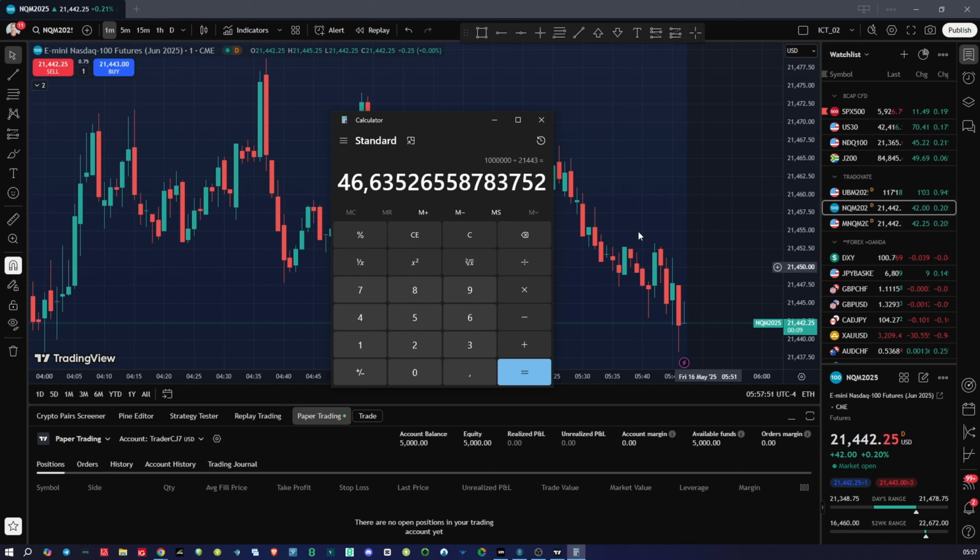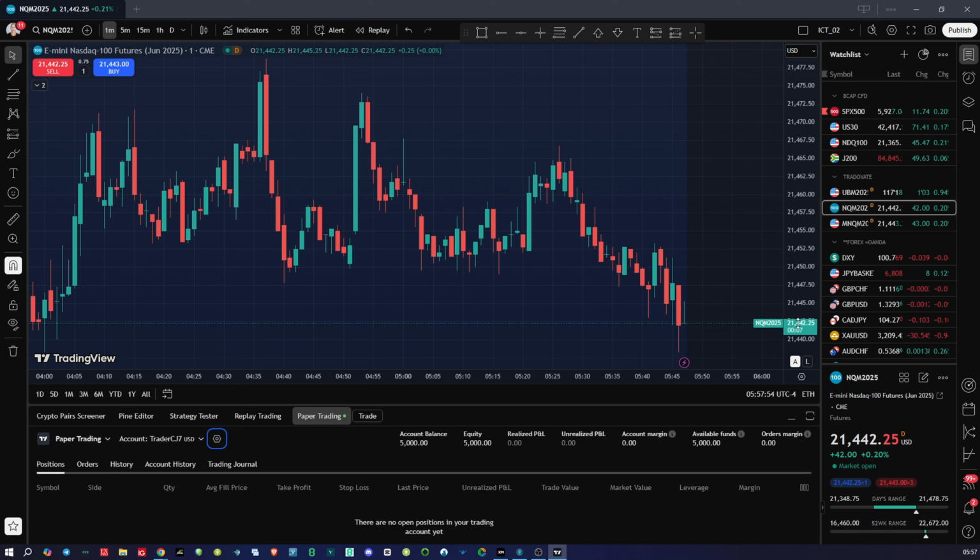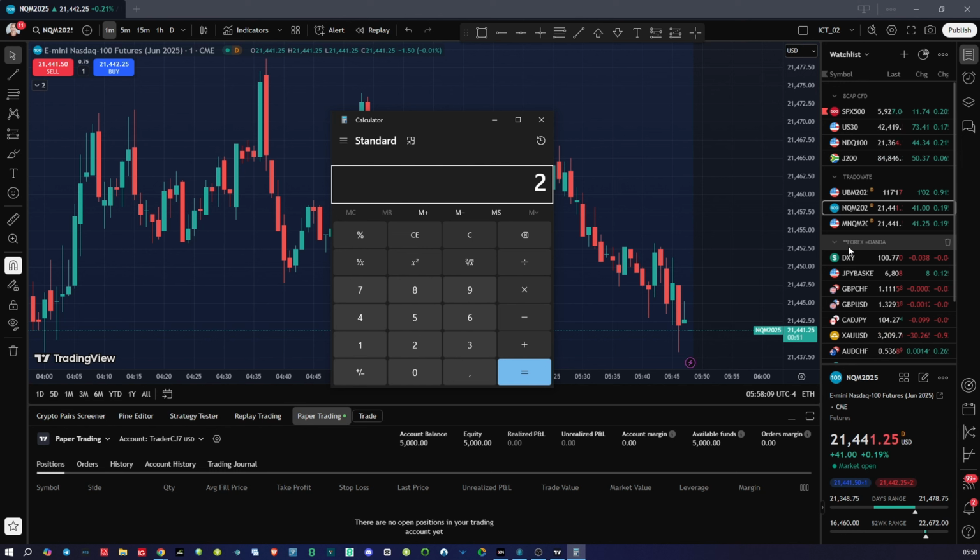Even if I buy one contract, if the Nasdaq goes to zero, I'm going to lose 21,442 times the value of one Nasdaq point, like we found out on the CME website. One point is worth $20, so times 20. That's $428,820 I'm going to lose if the Nasdaq goes to zero.